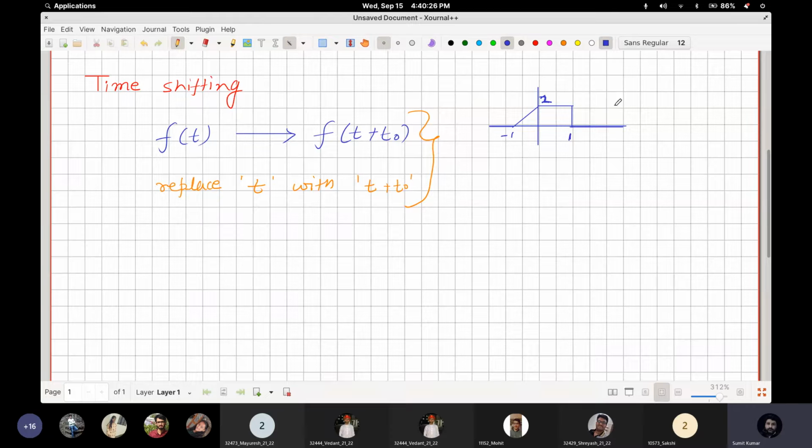Now what is going to be its functional form? Let me write this. So this signal is f of t. So what is f of t? I'm writing very small. If it is not visible to all of you, please let me know. So f of t is equal to 2t plus 2, isn't it?